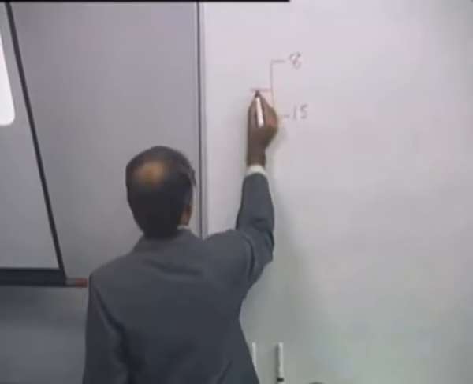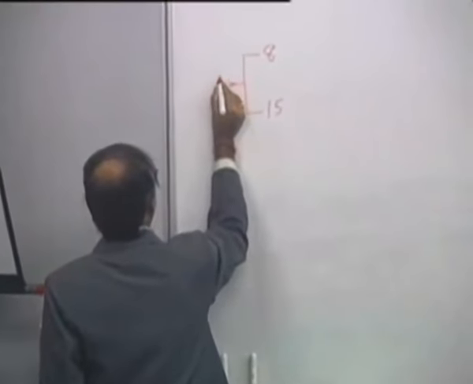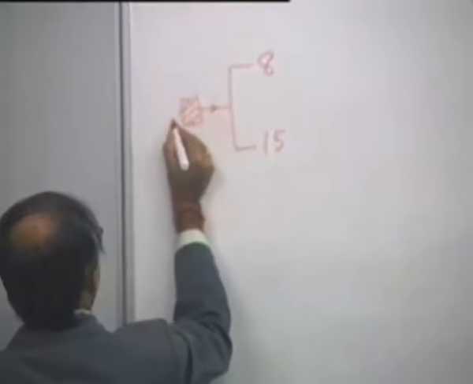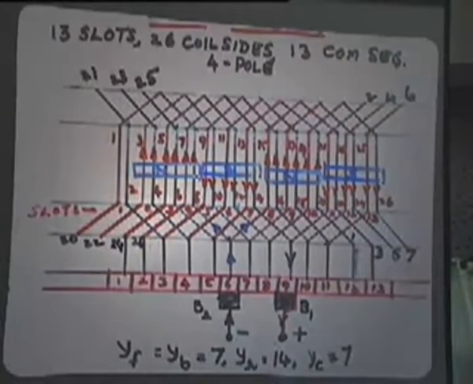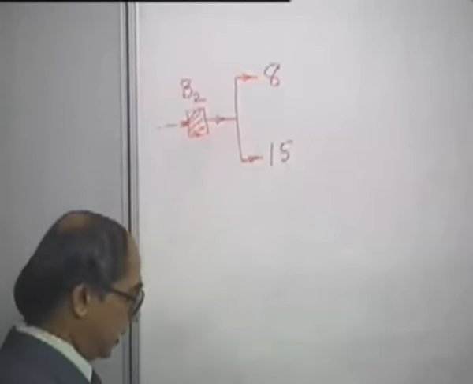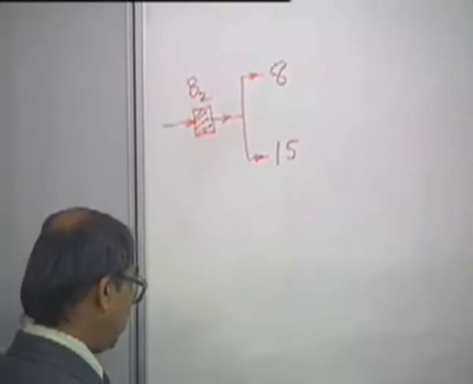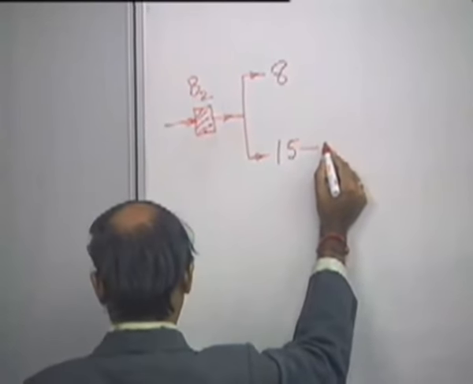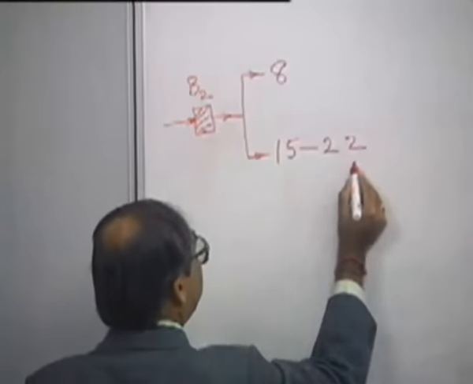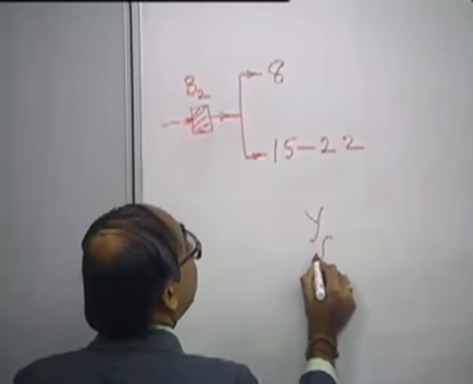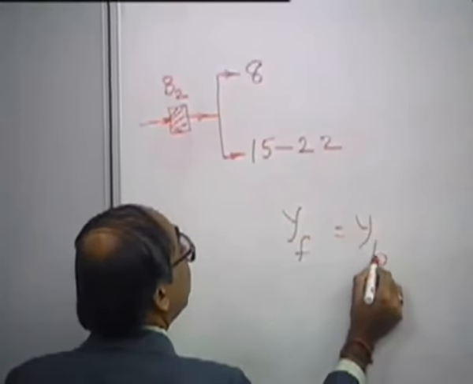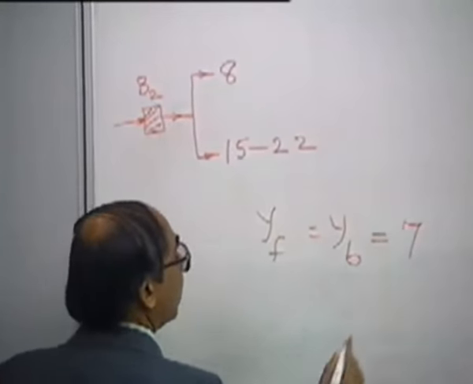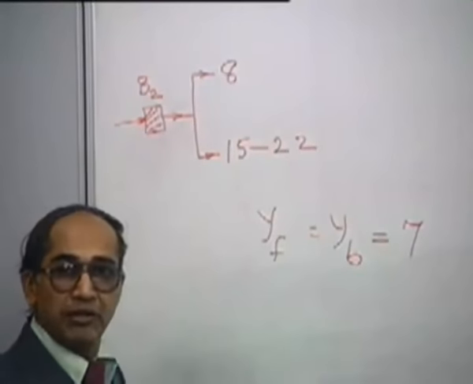So let us say this is the current going in through brush B2. One branch goes through coil side 8, another through coil side 15, and after 15 it goes to 22, because in this case we have taken YF equal to YB equal to 7 coil sides. This is the formula we have taken.